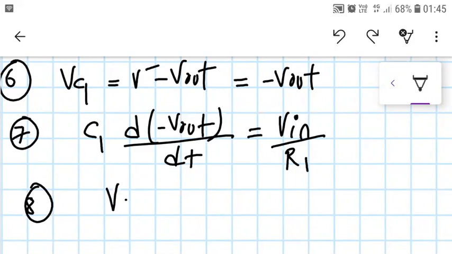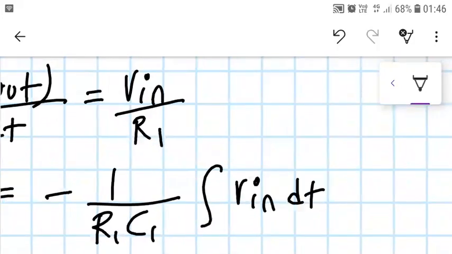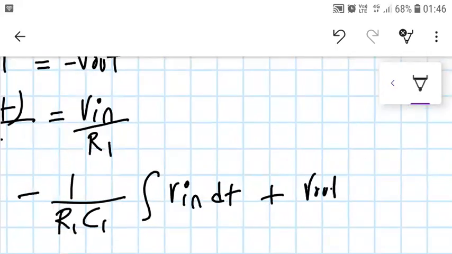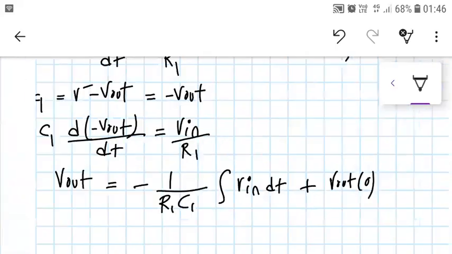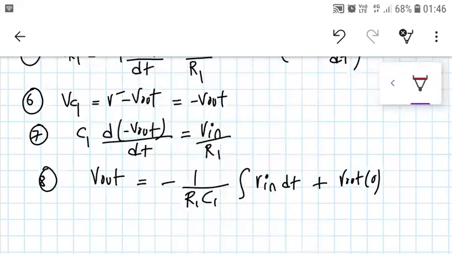So V out will be equal to minus 1 upon R1 C1 into the integration of V in dt, plus V out at 0. So this is the expression of the ideal integrator circuit. Let me box it.